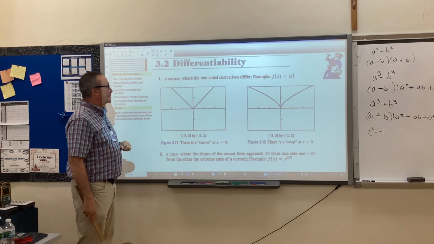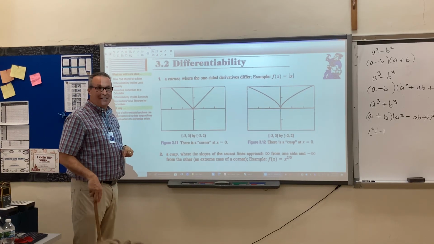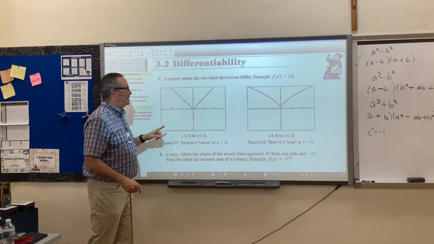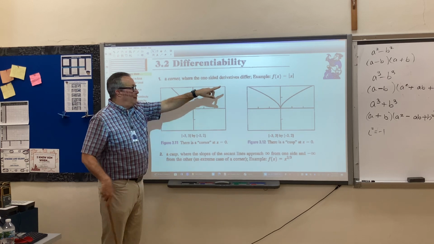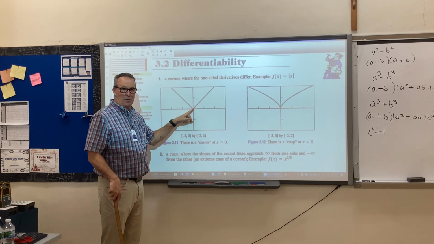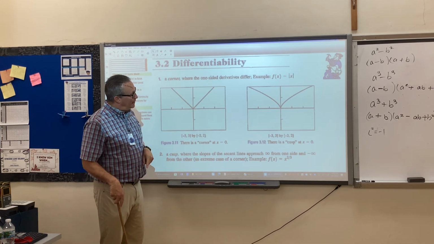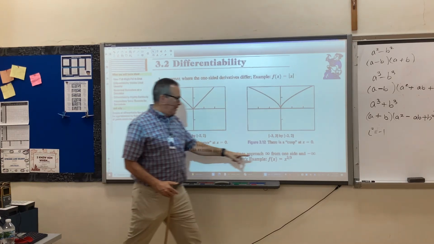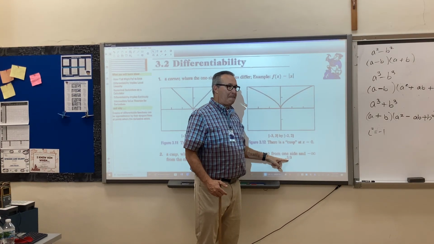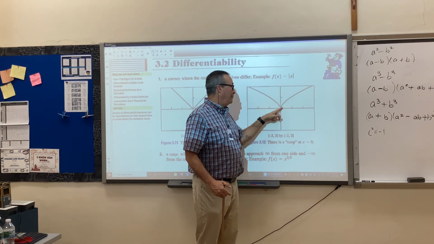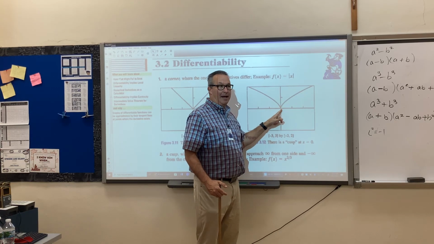So here are functions that are just not differentiable. This function, the absolute value of x, is not differentiable at this corner at x equals 0. This function, y equals x to the 2/3, is not differentiable at this cusp at x equals 0.